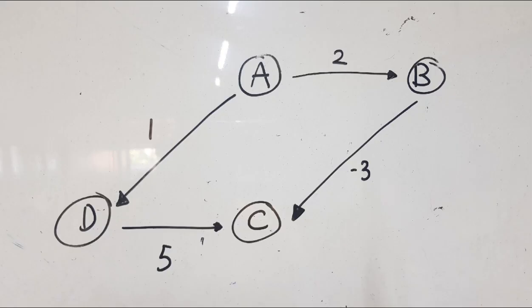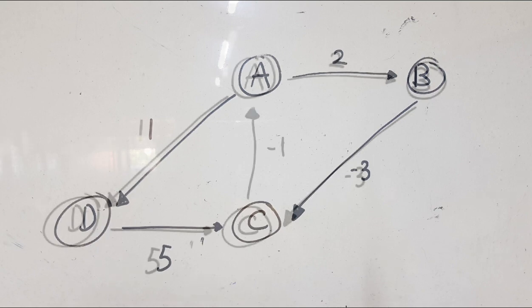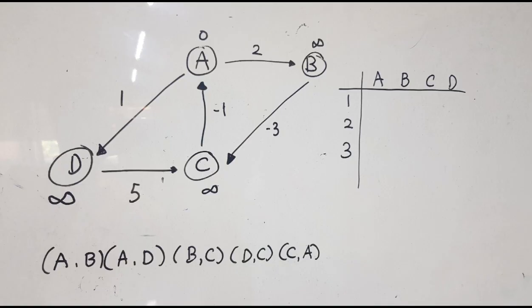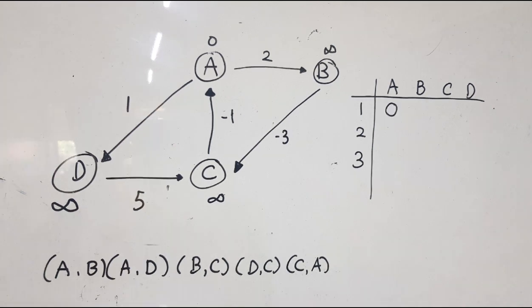Now let's change this graph by drawing another edge like so. 5 edges total. So we need to relax these edges 3 times or less, just like before. Let's start with the same source vertex.